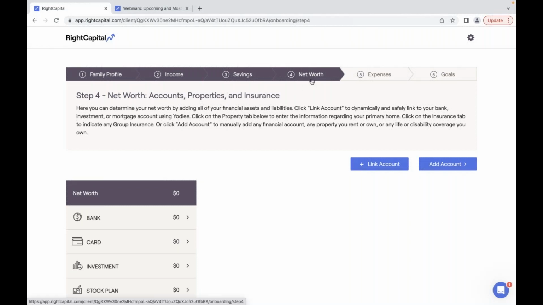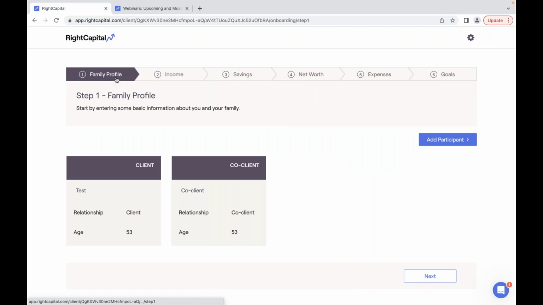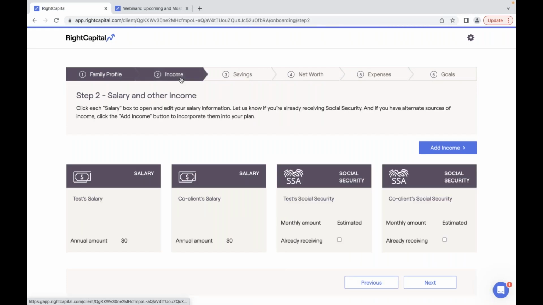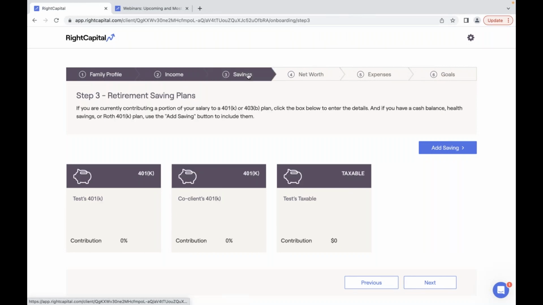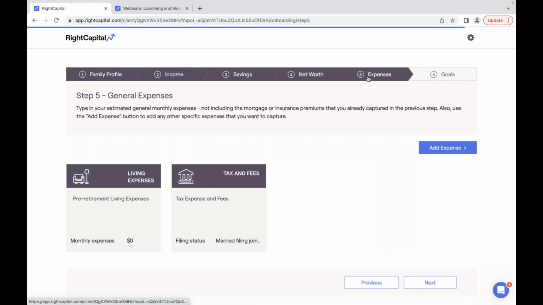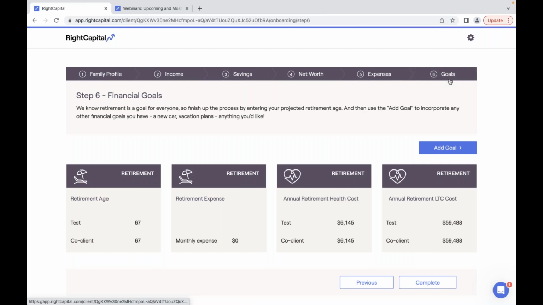Now, how we treat that net worth as we project it into the future at Right Capital with cash flow based planning is, we say, okay, we know our starting place, the net worth, and we're going to project that data each year into the future by accounting for who's in the household for things like tax purposes, what kind of income is flowing into the client's life each year, what kind of savings we're pulling out of that income and funneling to specific investments, and what the expenses and goals are that we're trying to fund in each of those years.